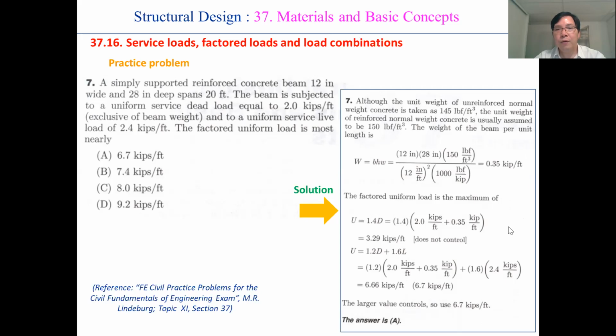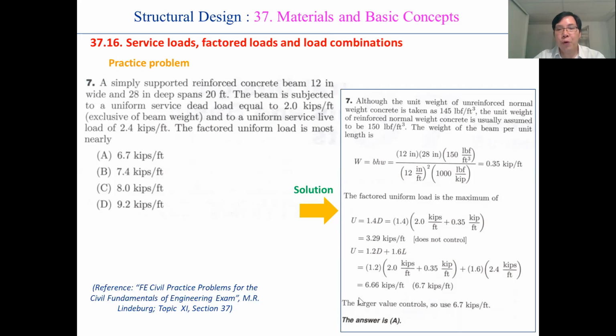This uniform load is the maximum of two equations. The first equation is U equal to 1.4 D, and the second equation is U equal to 1.2 D plus 1.6 L. You can replace the values of D and L, so you can find the solution.